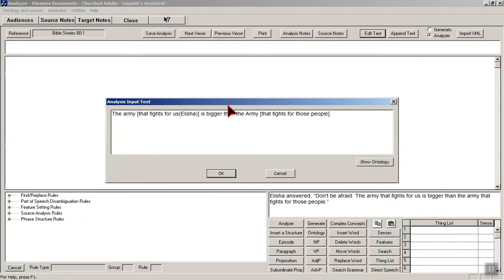Okay, my voice recognition was making it capital Army. I'm going to change that to lowercase army.